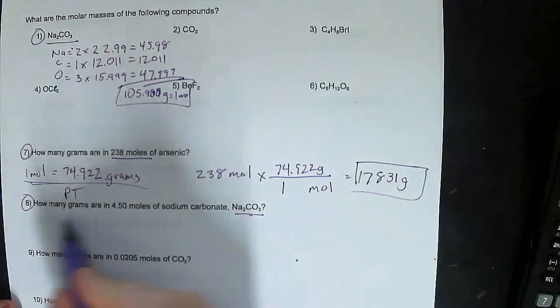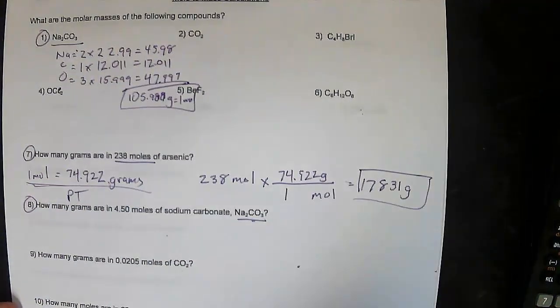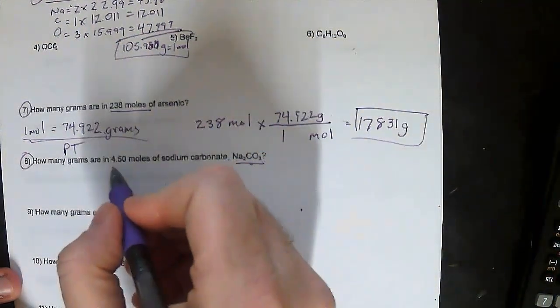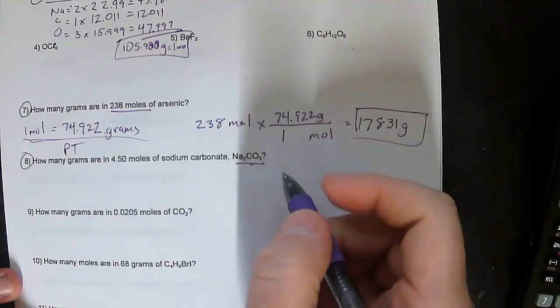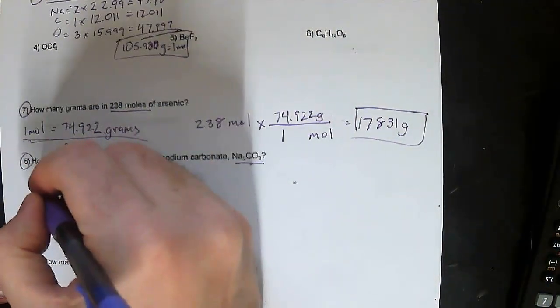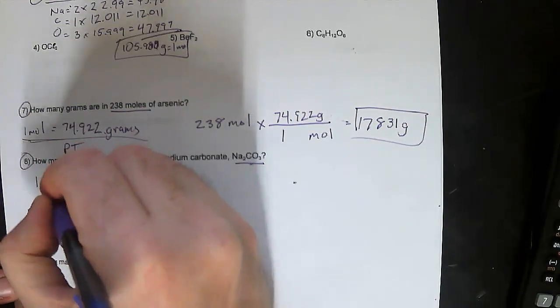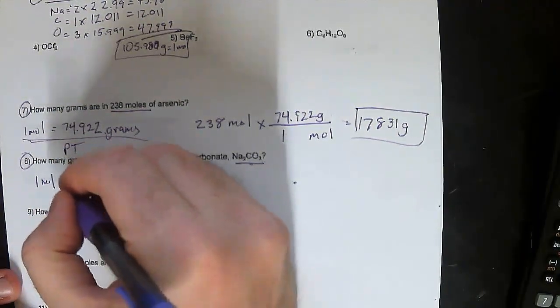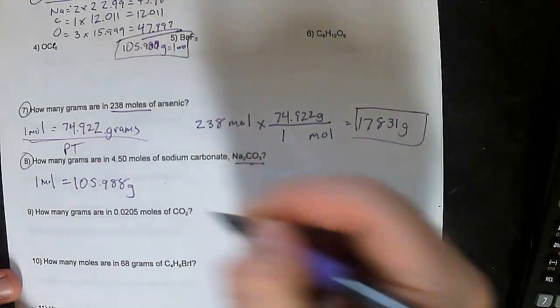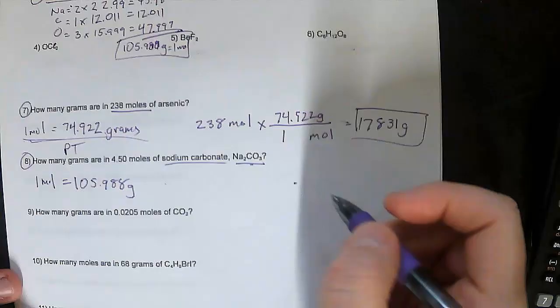Now we're going to come down here and do our X-line problem. This is 4.5 moles of sodium carbonate. In order to do this, we need the molar mass. So 1 mole equals 105.988 grams of sodium carbonate.